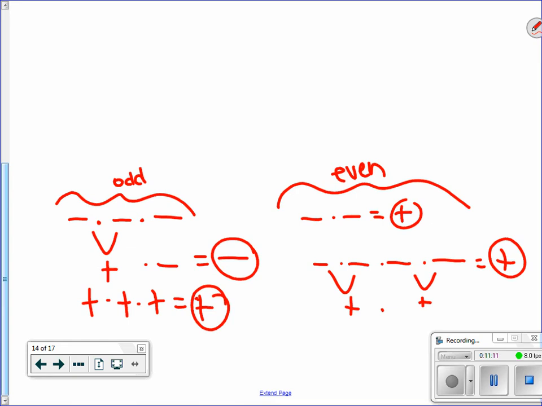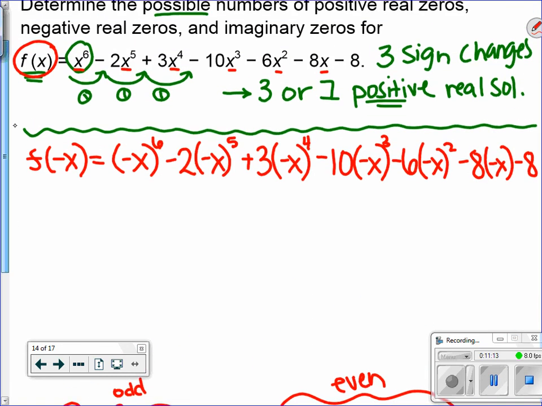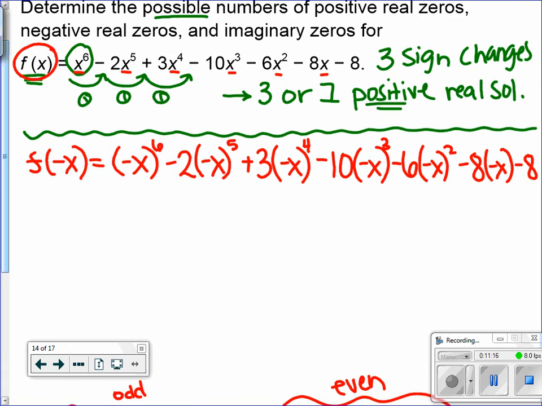Okay, so when you're looking at this, any negative number to an even exponent is basically just going to cancel out this sign. So we're going to rewrite this f of negative x. Because this is an even exponent of 6, that makes any number, whether it's positive or negative, always positive. Okay, this next one, you actually have to keep that negative sign.